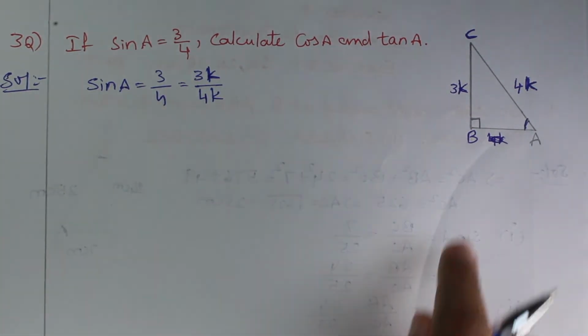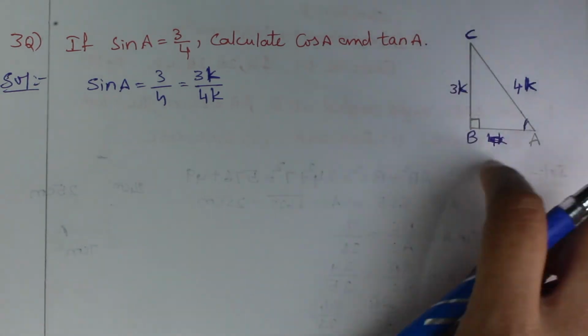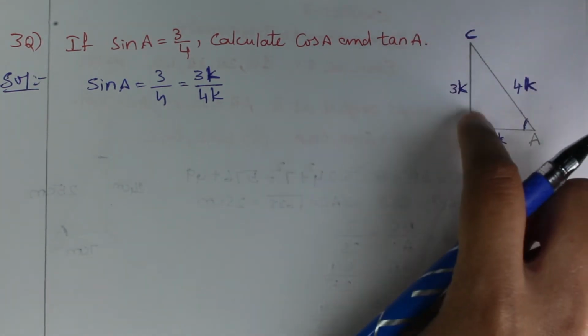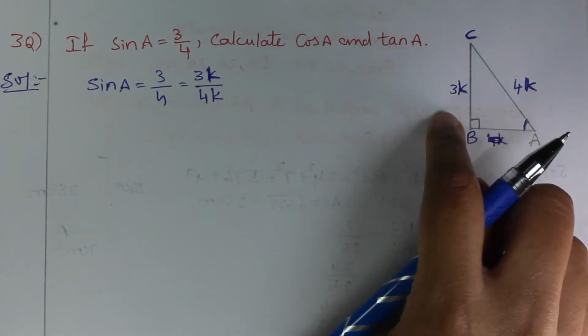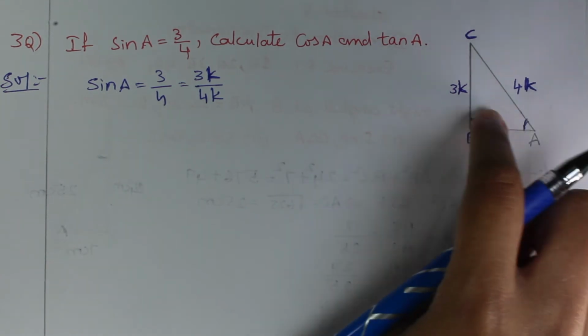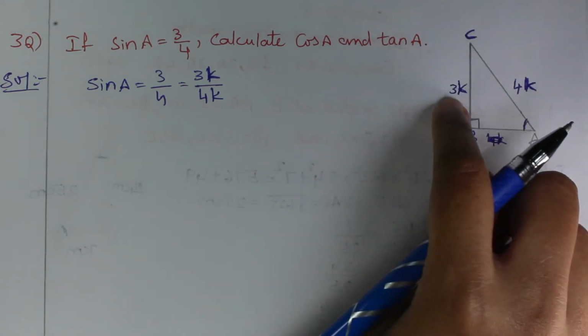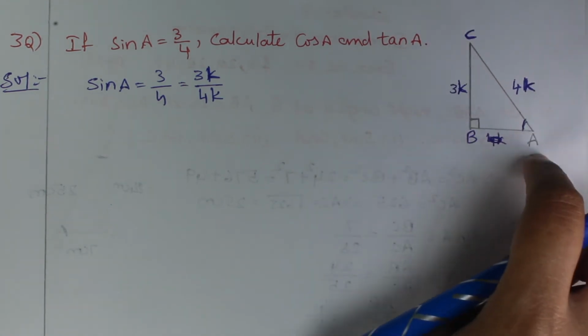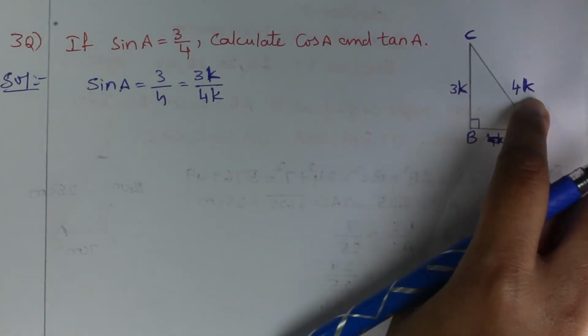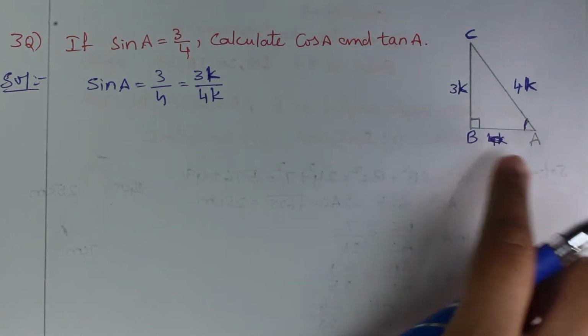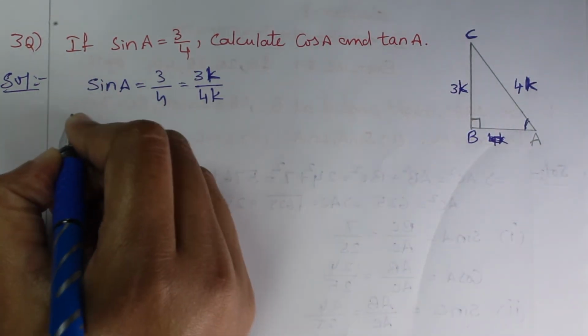So in the triangle ABC here, BC becomes 3K, the side opposite to angle A, and the hypotenuse is 4K. Now we can find the adjacent side AB.